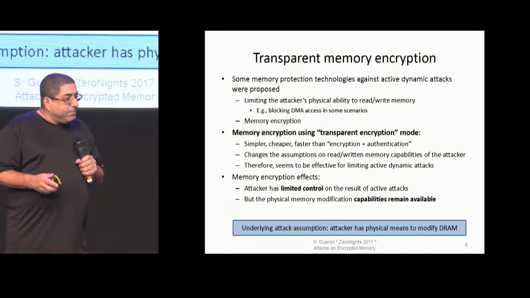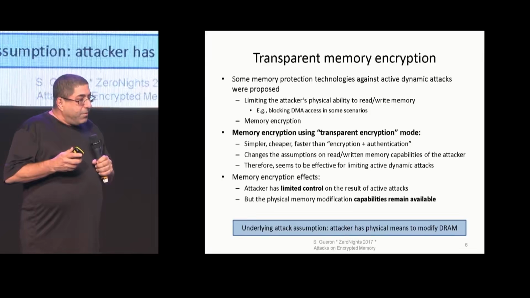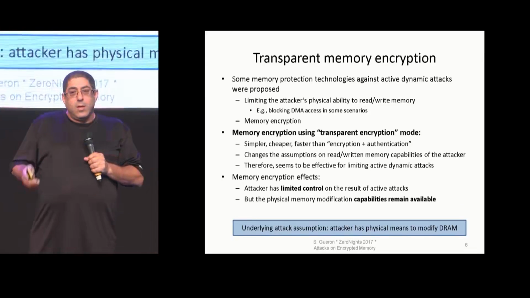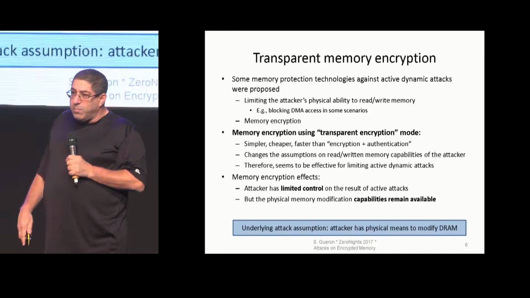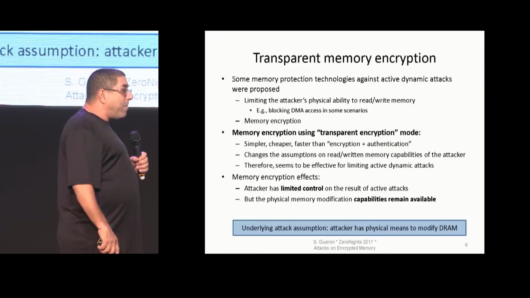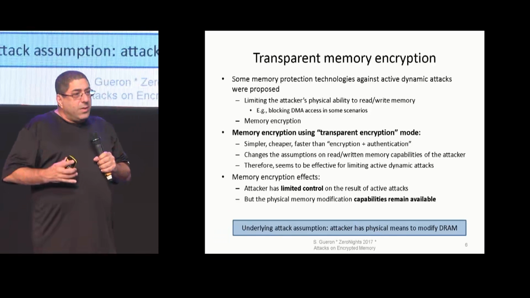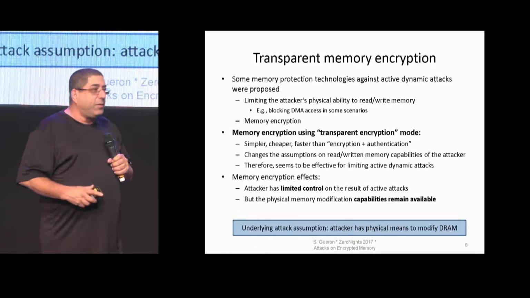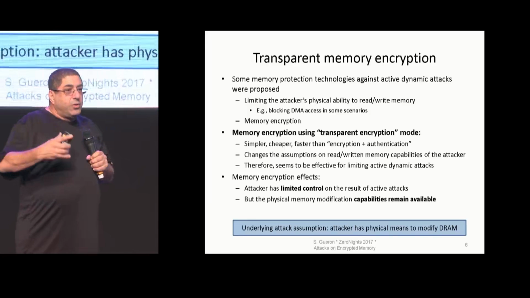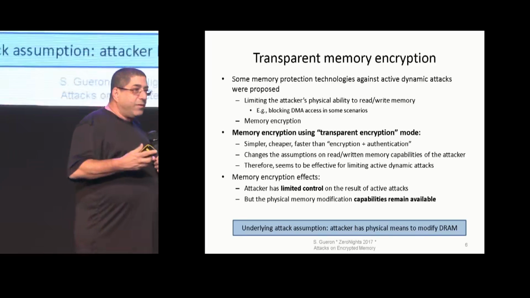Now this seems to be a very good solution, right? Because it is very simple to implement something like this, or I would not say very simple, but much simpler than implementing something with integrity, because it is basically a filter that takes data going through and passes it through some process. The same amount of data is going.